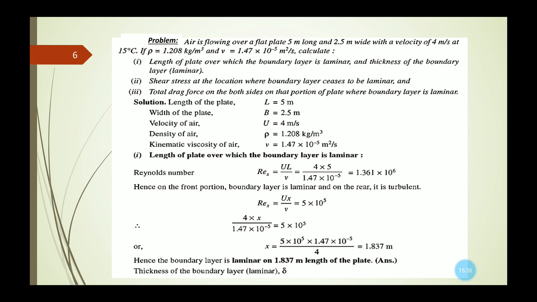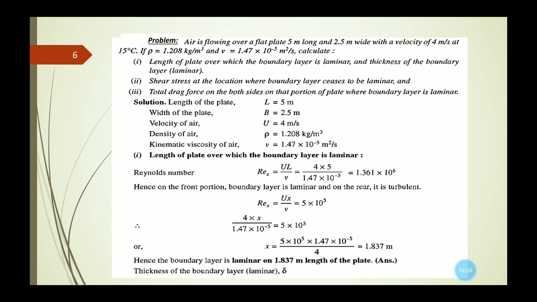Beyond this 5 into 10 to the power 5, the turbulent boundary layer zone starts. So up to this upper critical value, the boundary layer is laminar or some transition characteristics may be seen.